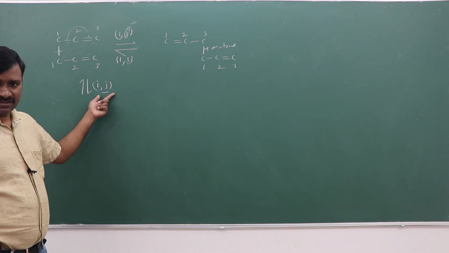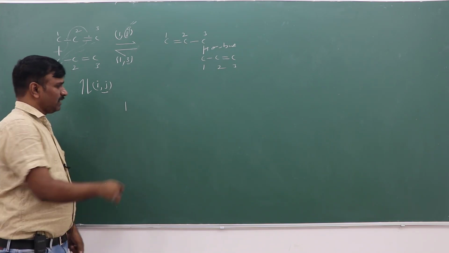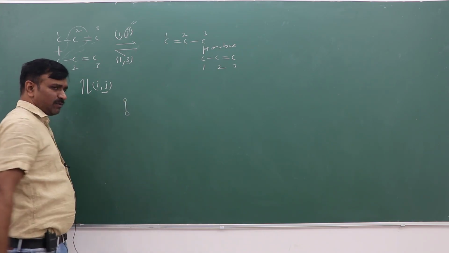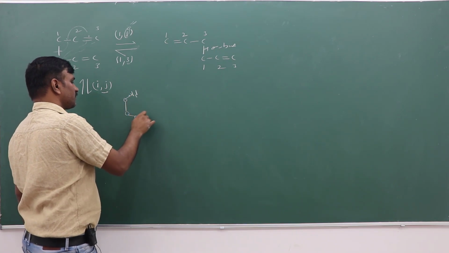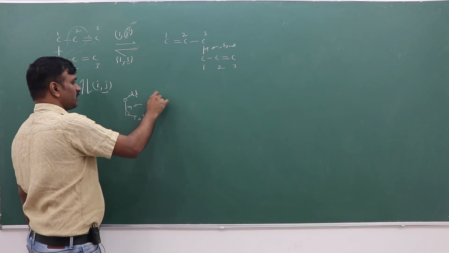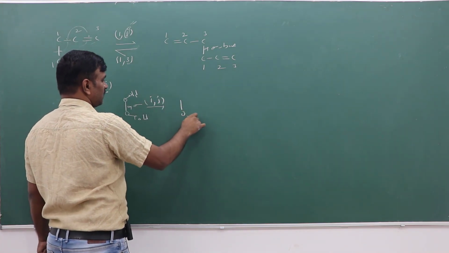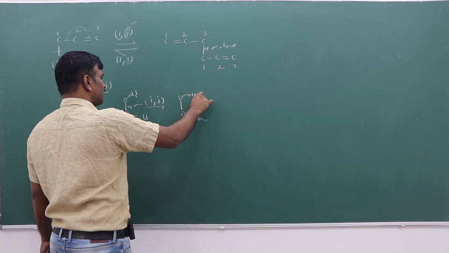When an ij shift takes place, for the migrating sigma bond, the positions before are the old positions. If it is an ij shift, both ends will be new positions after migration.